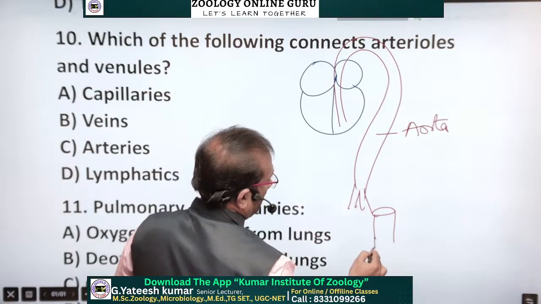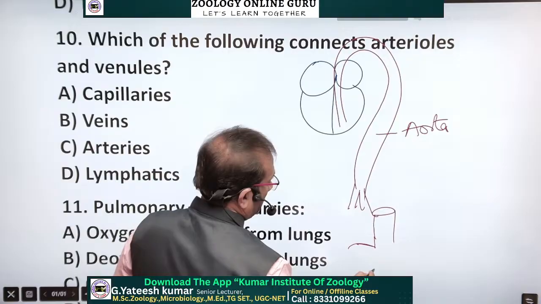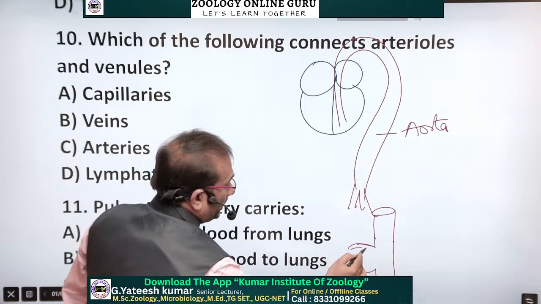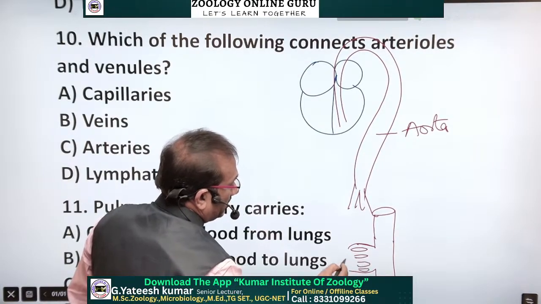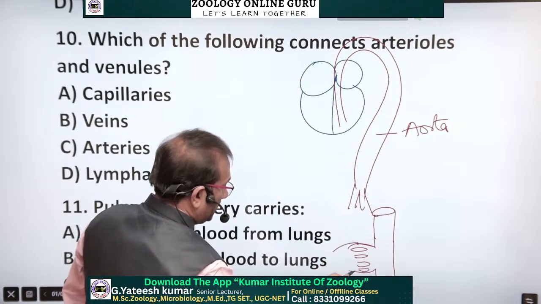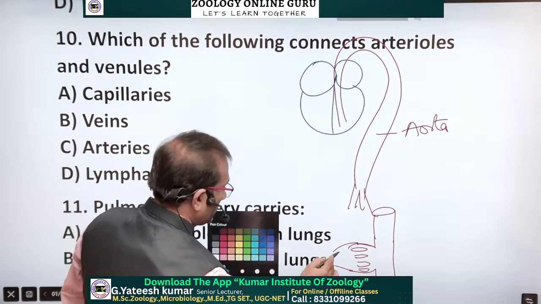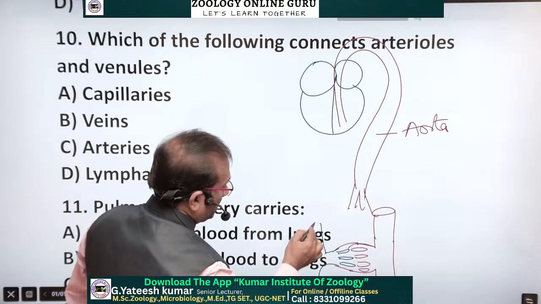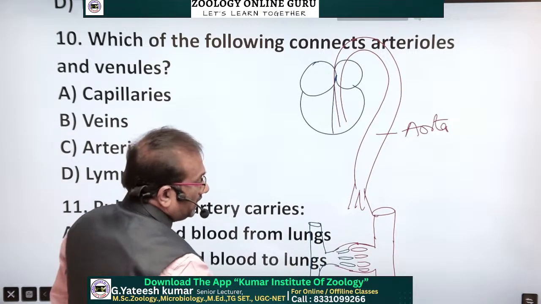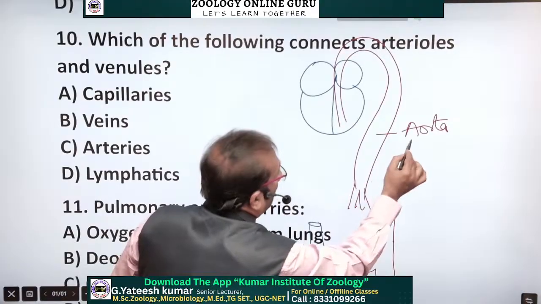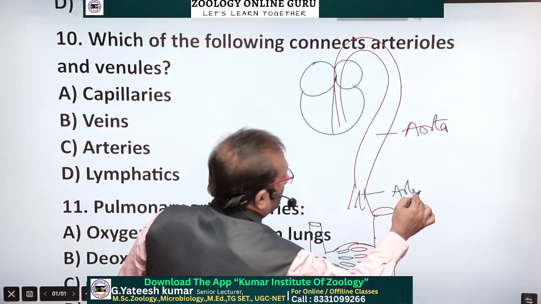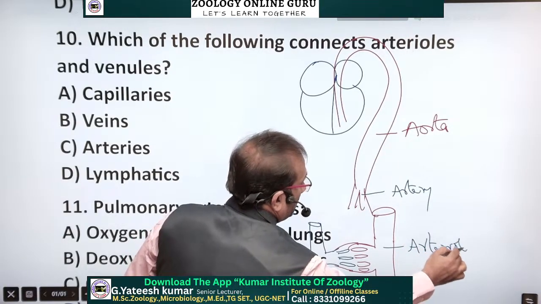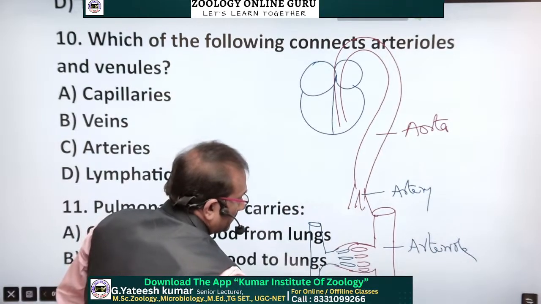At the ending of the artery, they prepare arterioles. So here this is the aorta, artery, arteriole. Then there is a capillary.